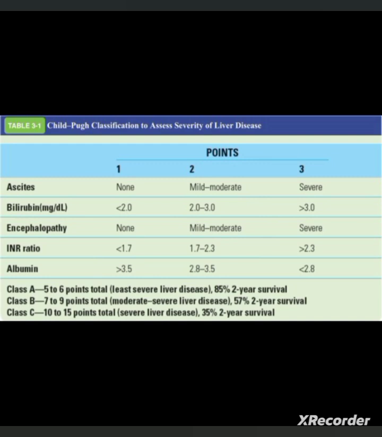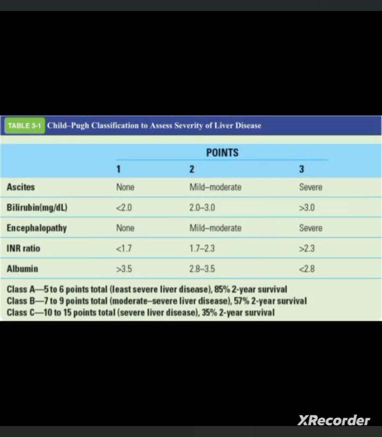There are five parameters for the Child-Pugh score: ascites, bilirubin, encephalopathy, INR ratio, and albumin. Here we are giving points, 1 point, 2 points, 3 points, for each parameter.